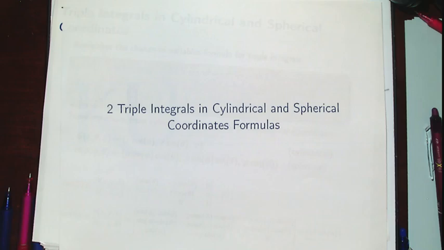So the next step is, did we get everything? Are we good? Well, I'm looking at this. If this is a disk, R is between 0 and 4. Is it the upper half of a disk or the lower half of a disk?